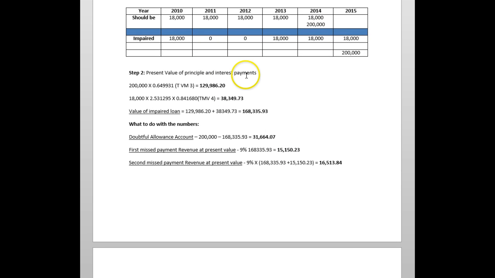So you're going to have to use the present value tables, and this one is table 3. This is a lump sum. This is the principal amount. It's actually worth $129,986.20 using the factor from table 3. The next thing you have to figure out is that $18,000. Now this gets even more interesting because you're deferring 2 years.